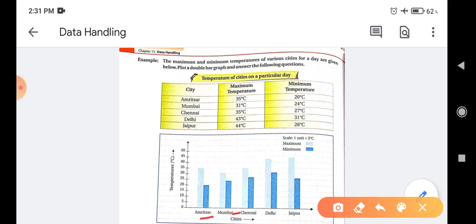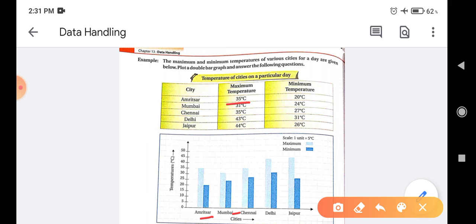In Amritsar, the maximum temperature is 35 degrees Celsius. Maximum is represented by light blue color, so this is the bar of 35 degrees. And its minimum temperature is 20 degrees Celsius, so we will draw the bar up to 20.